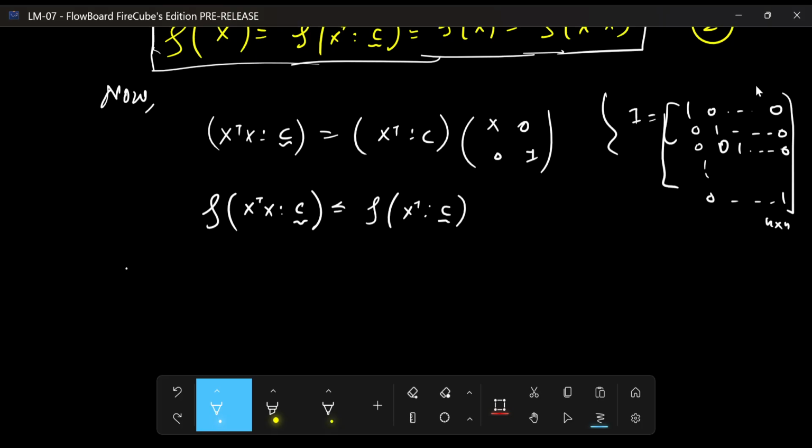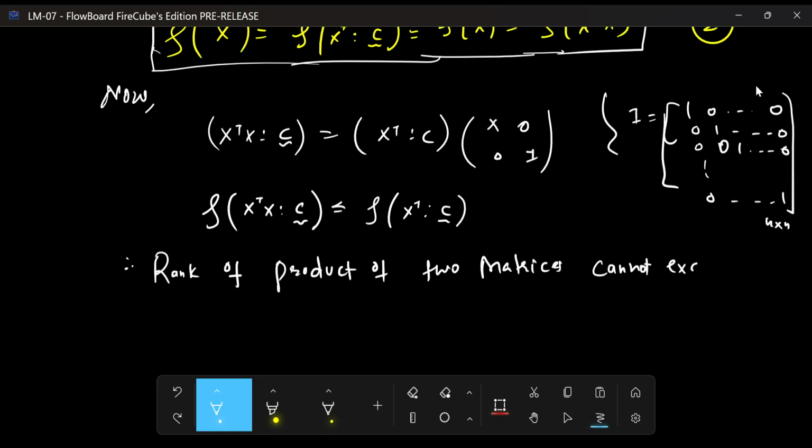Therefore, the rank of a product of two matrices cannot exceed the rank of any one of them.